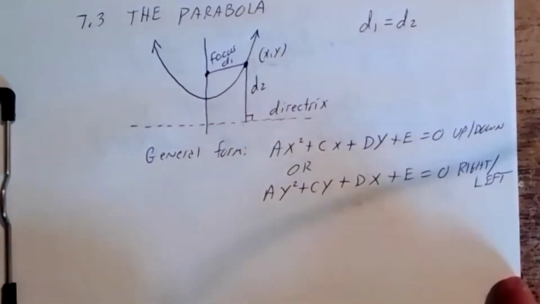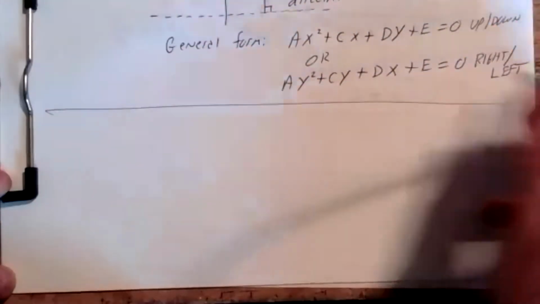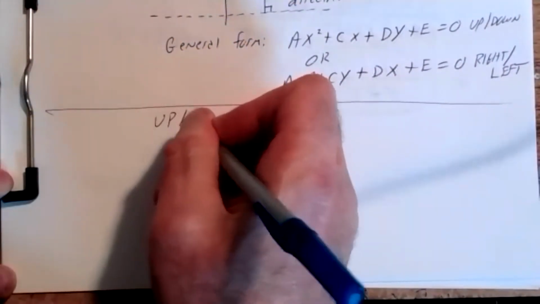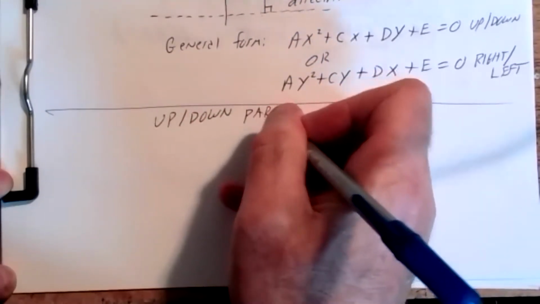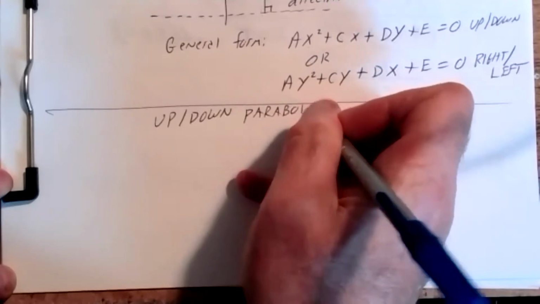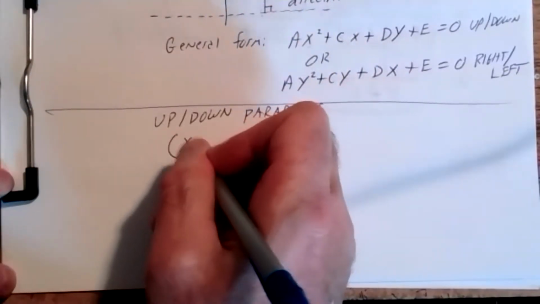All right, first of all, let's look at the up-down parabolas here. Those are parabolas that open up or down. In general, the equation looks like this.